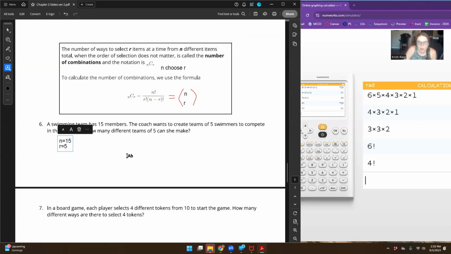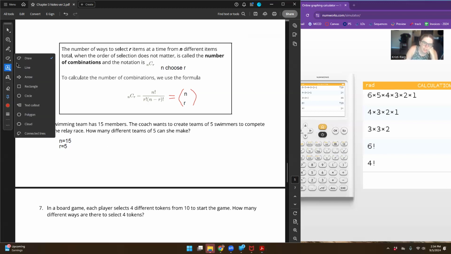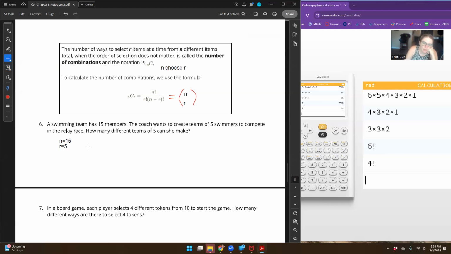Now, I'm just going to do this by hand one time. There are really cool calculator ways to do this, which I will do shortly. I just want to show you what it looks like by hand. On the top, I have n factorial.